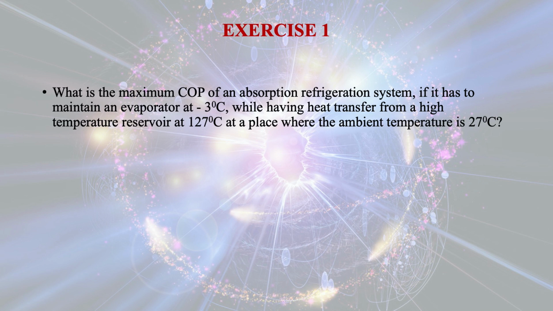What is the maximum COP of an absorption refrigeration system if it has to maintain an evaporator at -3 degrees centigrade while having heat transfer from a high temperature reservoir at 127 degrees centigrade at a place where the ambient temperature is 27 degrees centigrade? Now all these temperatures are given. We have to convert them into the Kelvin scale.